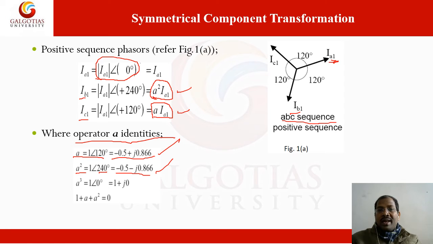So A cube we get as magnitude 1. If we add 1 plus A squared plus A, we get 0. This gives minus 1, so it cancels out. These are the identities we can solve. So this is the way.